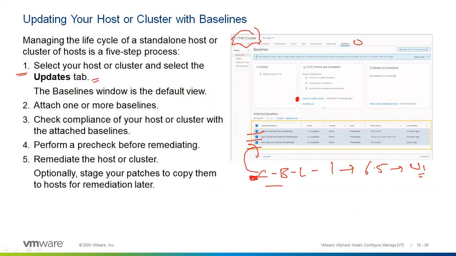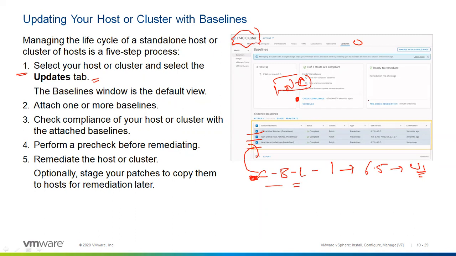When you click check compliance, it will check which of the hosts are compliant or non-compliant. Normally, if this update is not available, it will show all the hosts as non-compliant, meaning they are not compliant against the patch baseline you have created.